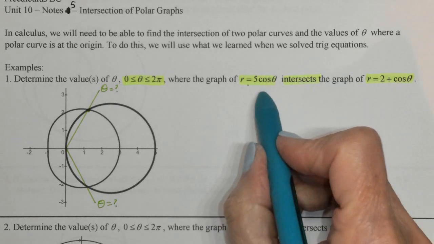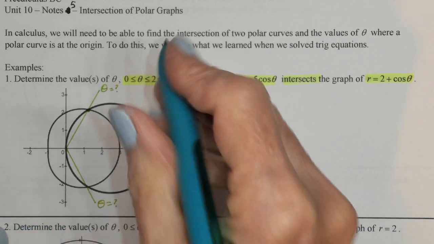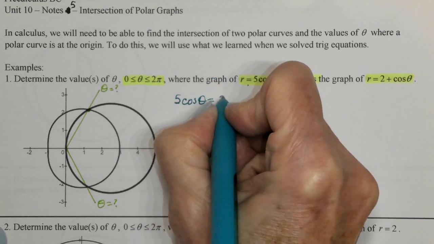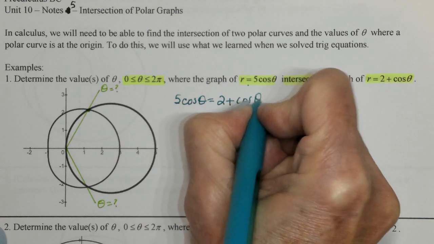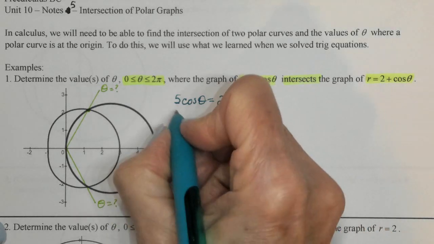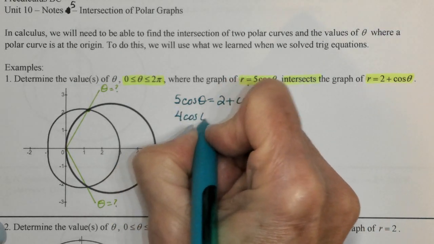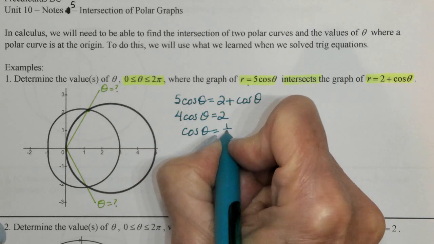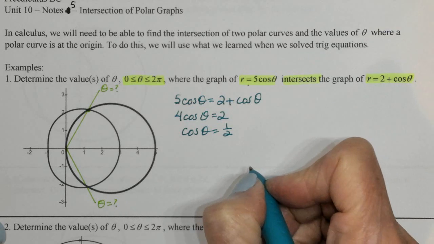So we're going to set these two equations equal to each other. So 5 cosine theta is equal to 2 plus cosine theta. Okay, solve this. I'm going to subtract cosine theta on both sides, and then I'm going to divide by 4, and we get cosine of theta is 1/2.